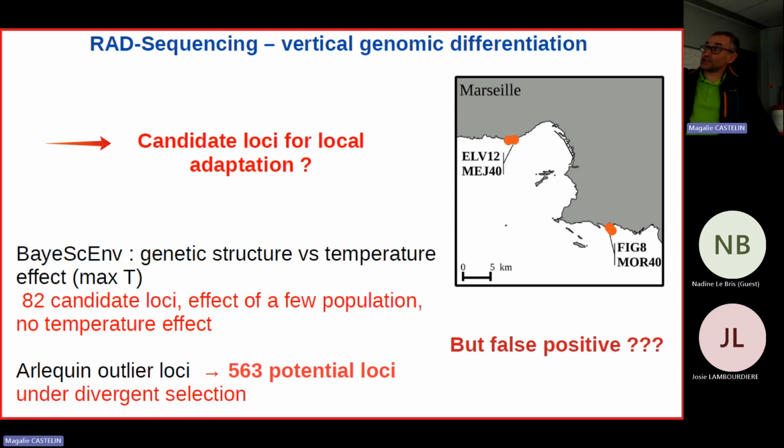It's easy with genetic data and with RAD sequencing data to use these methods to get a nice list of loci under selection, but for various reasons, especially in this species, you can have a lot of false positives. So I present this result, but I still leave a question mark here because we think we have to be very cautious about it.